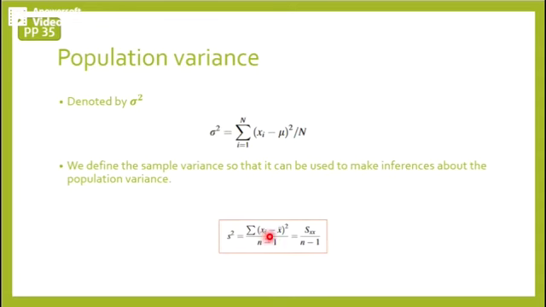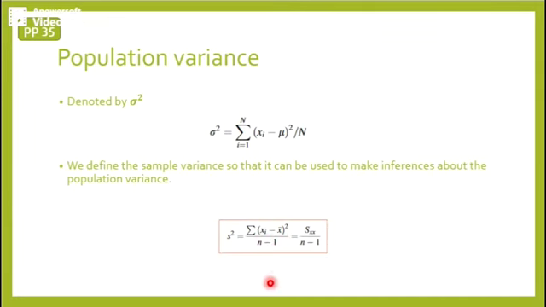But the xi's tend to be closer to the sample mean than the population mean. And remember earlier I said that we divide by n minus 1 instead of n for some reason. This is the reason: because the observations tend to be closer to the sample mean than the population mean.